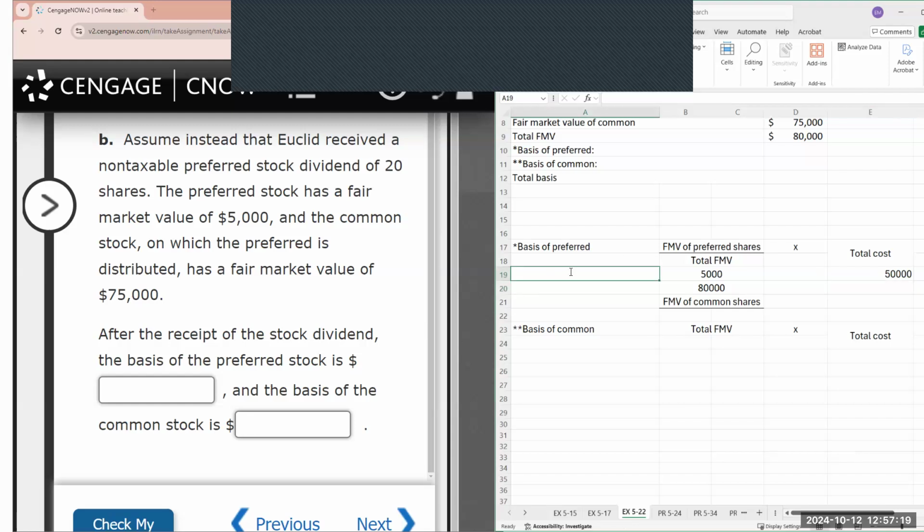So our calculation would be as follows. We'll put it in brackets, 5,000, which represents the fair market value of the preferred shares, divided by 80,000, which represents the fair market value of all shares, multiplied by the total cost of 50,000.